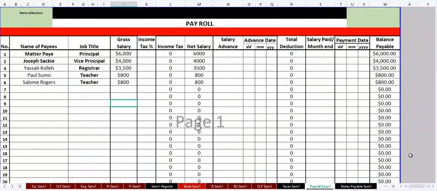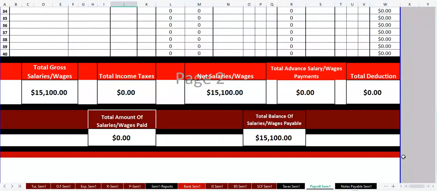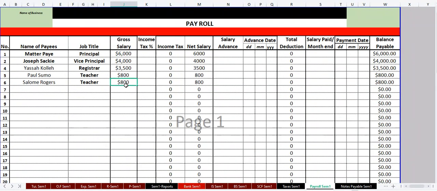So now let me see what we have here, because our salary is 15,000, so we can exceed it. Oh no, we have to drop something here. So let's say 750 here, and we'll have another 750 here. Alright, so this is the salary structure.